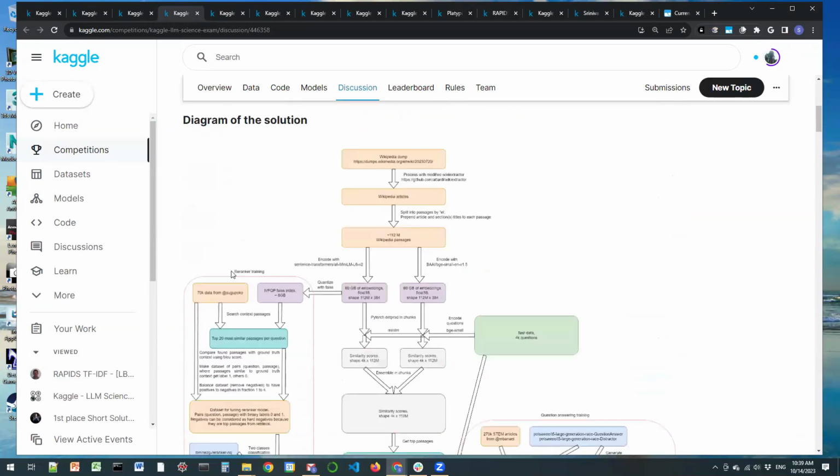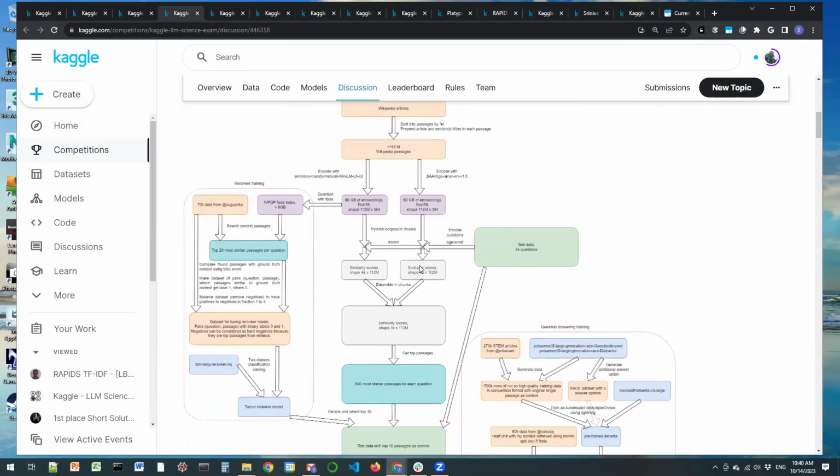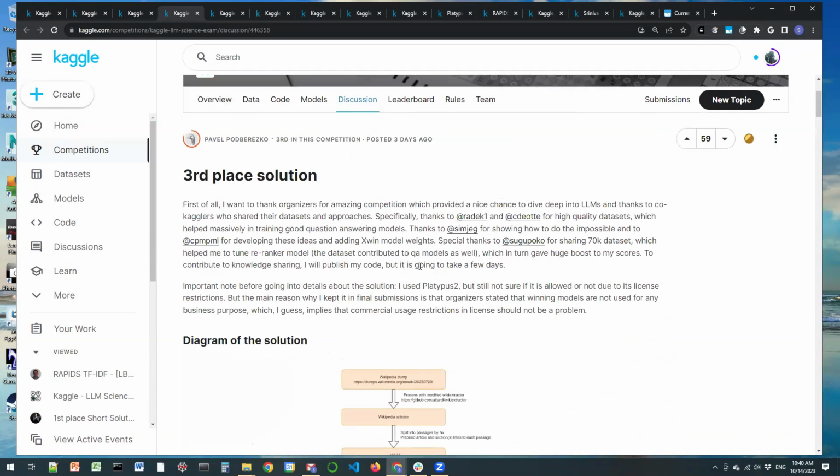The new model. This is a tuned re-ranker model. Well, the guy says he'll publish his code, so that ought to tell us.